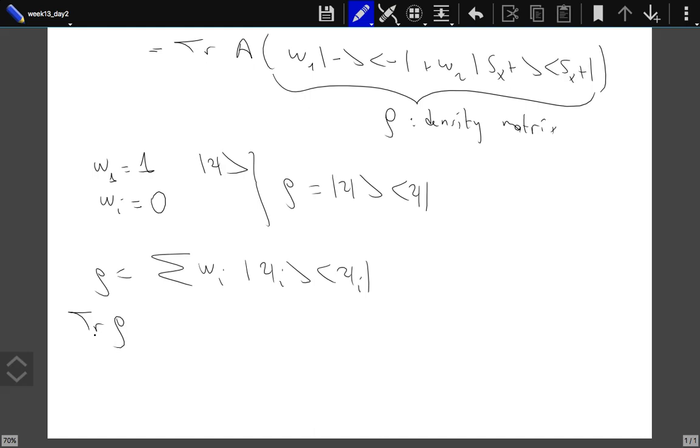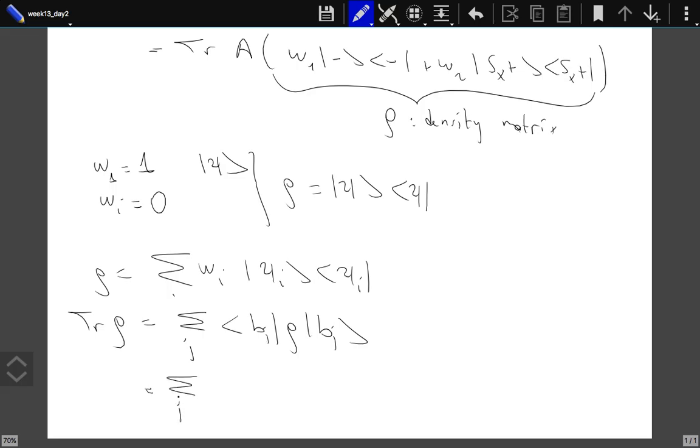Now, one property: if you just take, let's say, the trace of rho. Trace of rho is just, you pick an arbitrary basis, let's say bj, and look at the diagonal elements of rho in it and sum over them. This is how we define the trace of any operator.